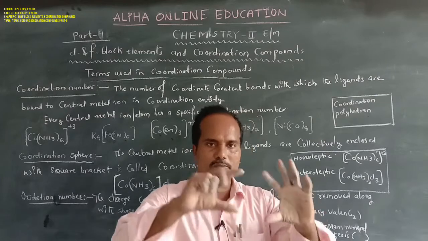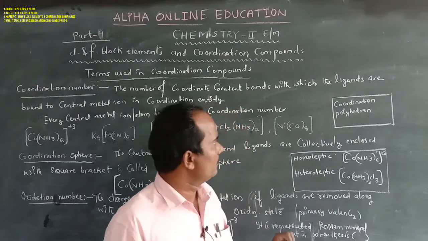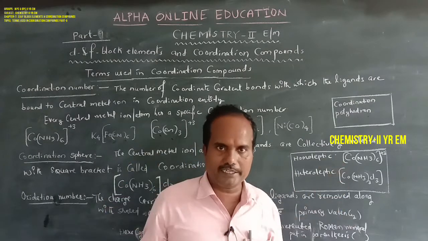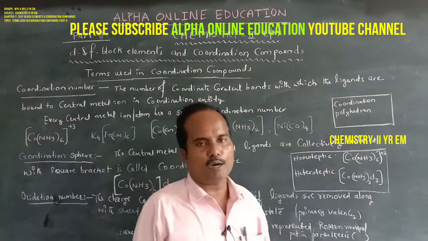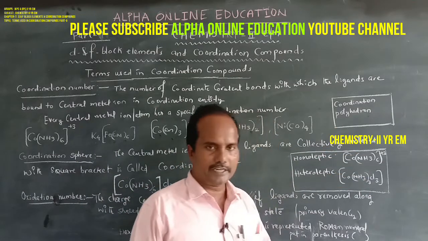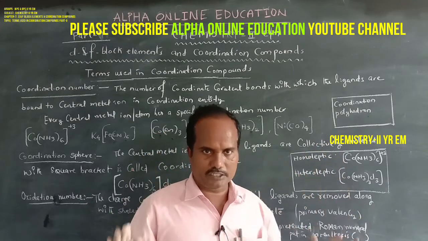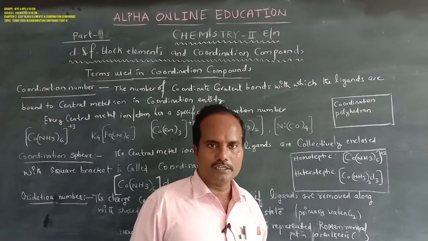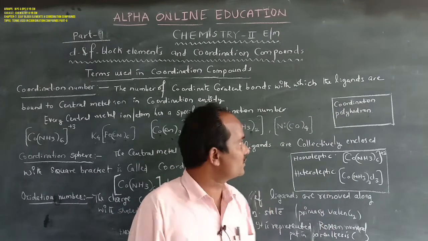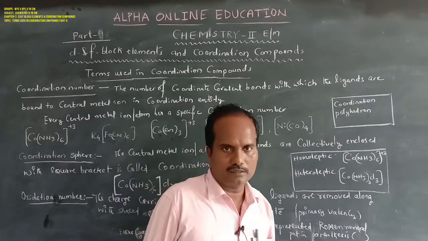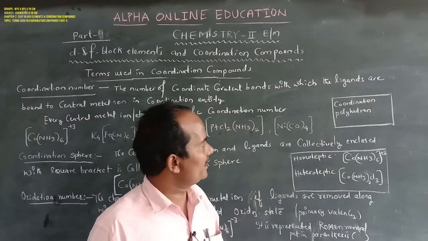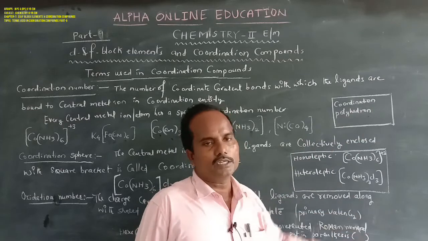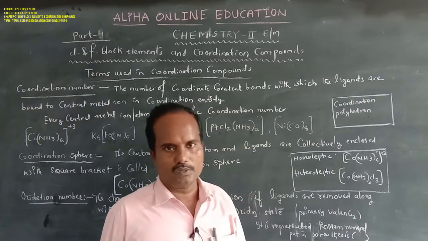It is the geometrical arrangement of ligands around the central metal ion in the coordination entity, called the coordination polyhedron. Based on the coordination polyhedron, we can say the geometry of the coordination compound.